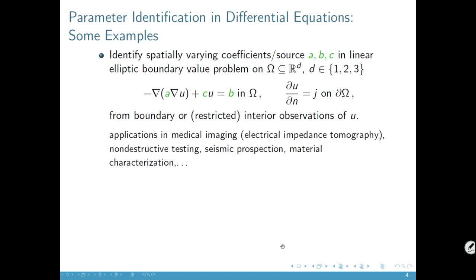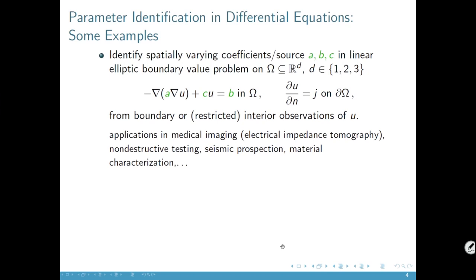So this has many applications, clearly. I mentioned one already, medical imaging. There's a classical inverse problem that I should mention here, electrical impedance tomography, which is classical not only from the application point of view, but also from all the mathematics, the beautiful mathematics that is behind this, which would be setting C and B to 0 and just looking for A, which is the conductivity, a distributed conductivity, or its reciprocal would be the impedance, name giving in this problem here.